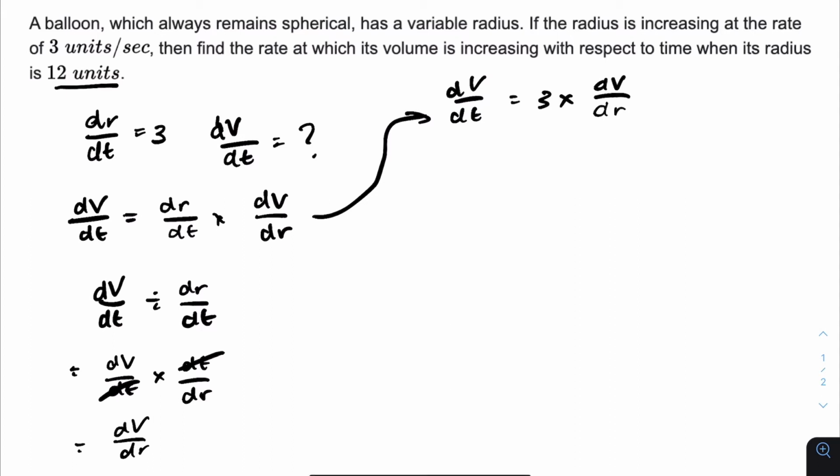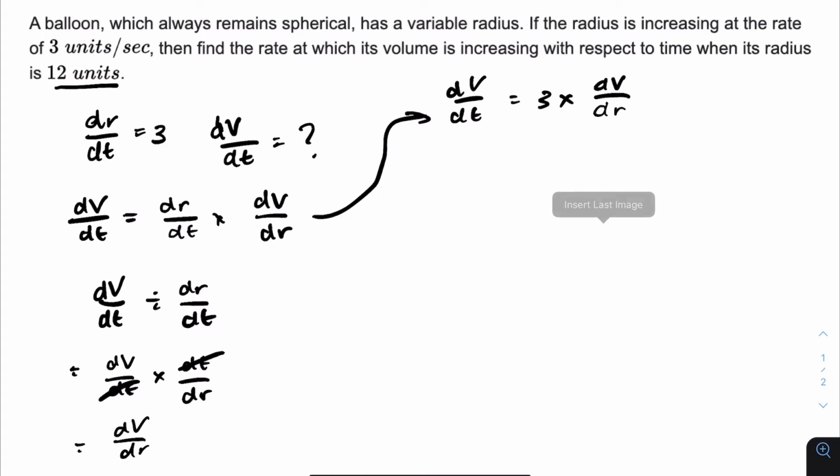All that's left is for us to find the value of dv over dr. And that's the main point of how we tackle these questions. So dv over dr, let's look at what we're given. The balloon is always remaining spherical, so we need to find the equation for a sphere.